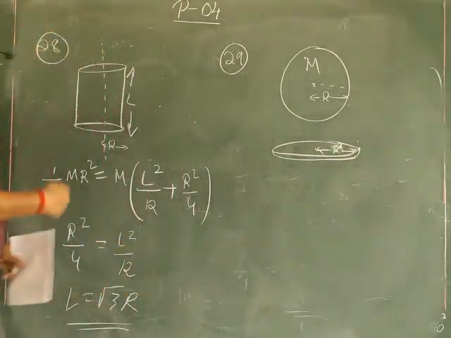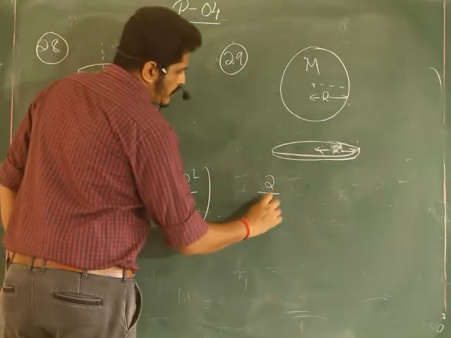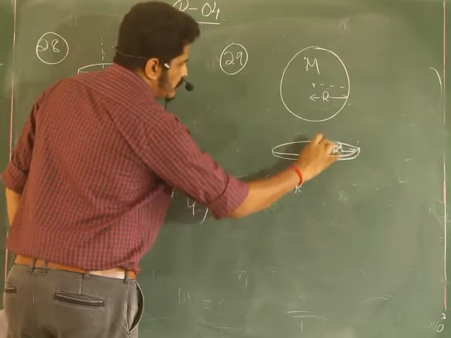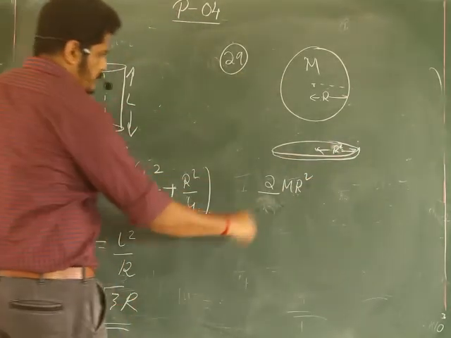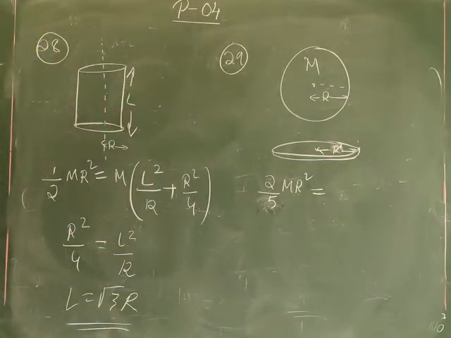So they have given that initially their moment of inertia passing through the center and all is one and the same. So you have to remember this, okay? So for the disk, mr square by 2, this one is equal to, that means this is 2 by 5 mr square, because you know initially, of course, a solid sphere is there, right?